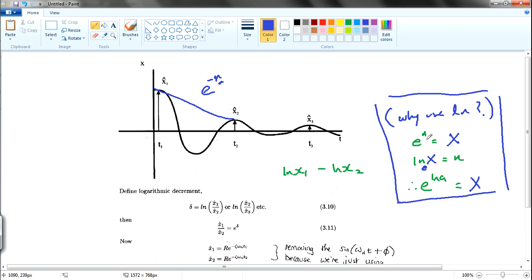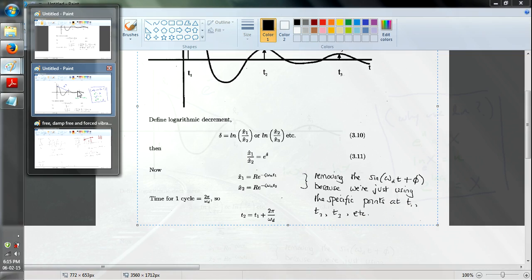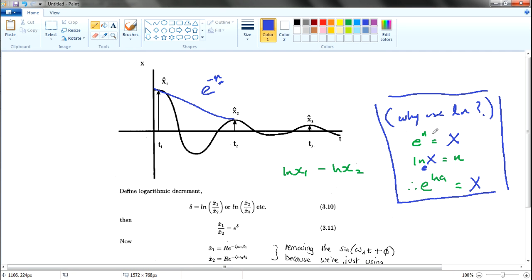So that's why we want to find the value of n, which we talked about just now: remember, the damping factor. We are trying to find the damping factor, so we need to find n.